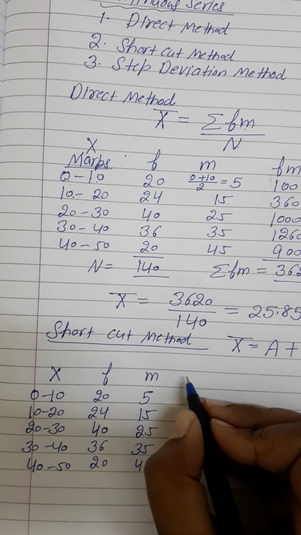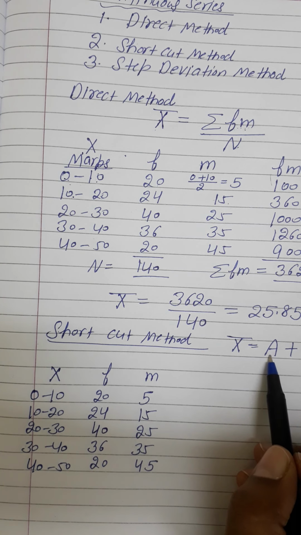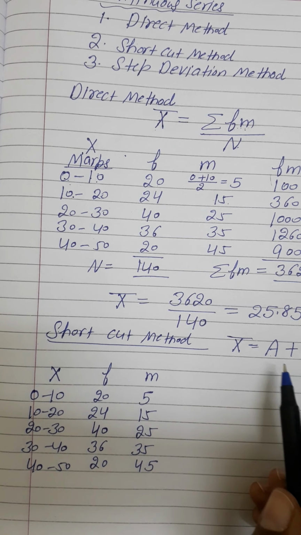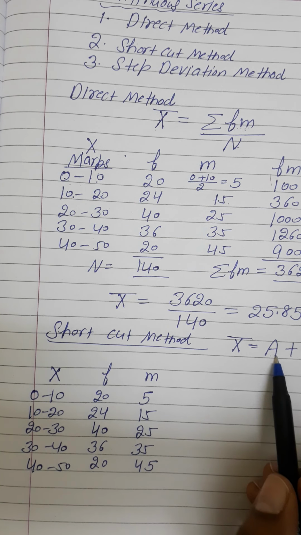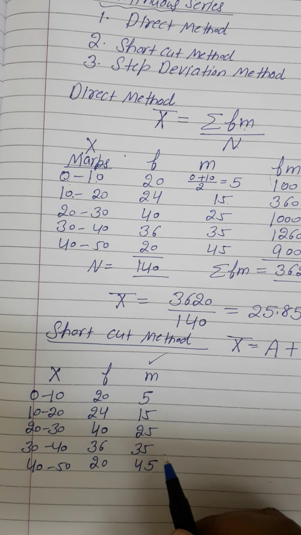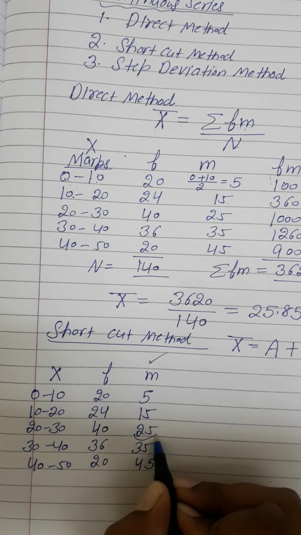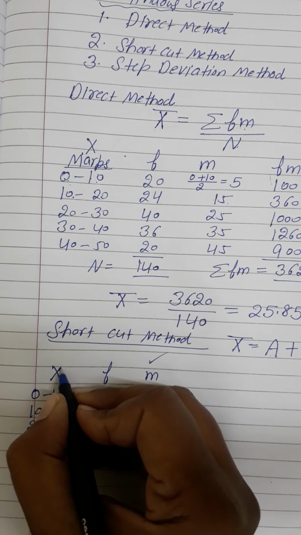And the value of A, assumed arithmetic mean. We will take assumed mean from M value. Suppose we have taken 25 as assumed mean. These are marks.